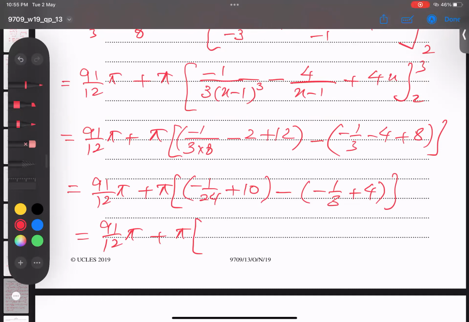I'm getting here in the bracket 151 over 24. And if I check it here, 151 over 24 plus 91 divided by 12, I'm getting here 111 by 8 pi. Or in decimal, I can write even, no problem at all.